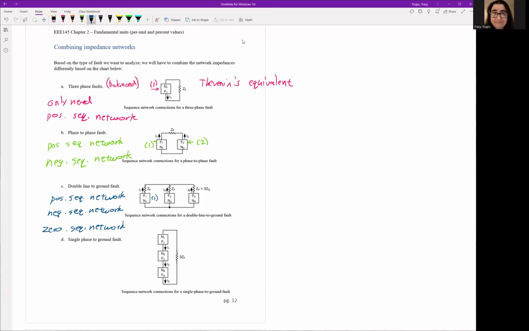So this is your Thevenin's equivalent for the positive sequence network. This is your Thevenin's equivalent for the negative sequence network. And this is your Thevenin's equivalent of the zero sequence component. Notice all of these are put in parallel. Right? And lastly, we have single line to ground faults, which again uses all three networks. You use your positive sequence, your negative sequence, and your zero sequence networks.